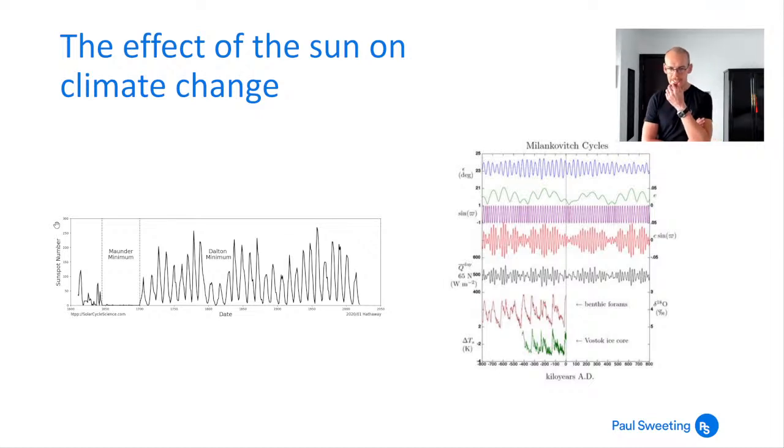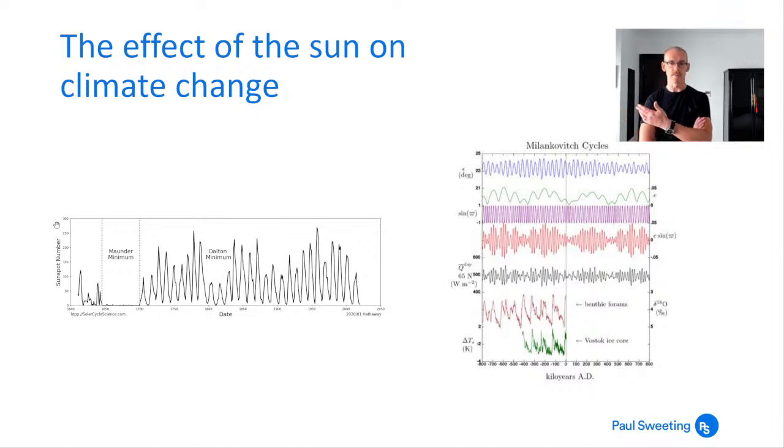Sunspots as well is quite interesting. There does appear to be some link between sunspots and the temperature on Earth. So the more sunspots there are, the higher the temperature on Earth, or the more active the sun is, the more radiation the sun gives out. And the sun, in terms of sunspots, operates on about an 11-year cycle.